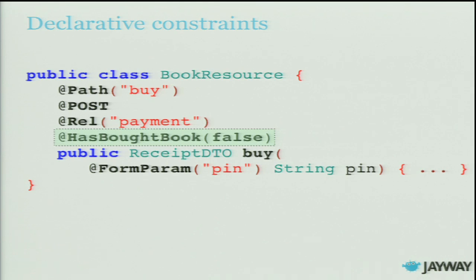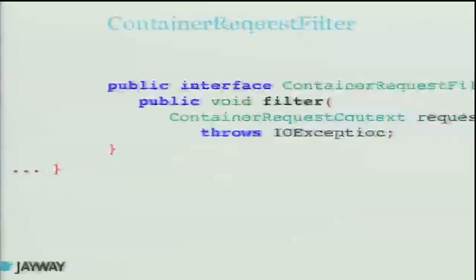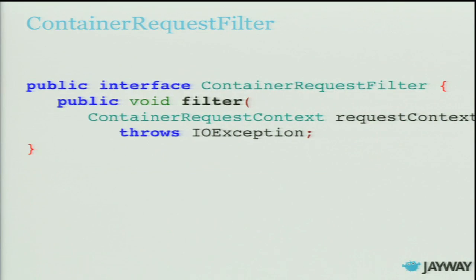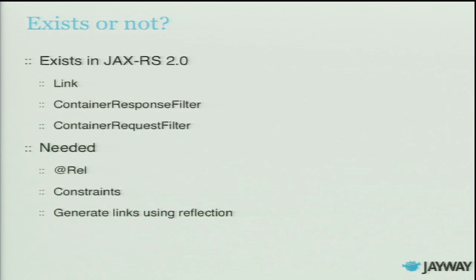And in 2.0, we get this container request filter that is called before the request is made. So we can filter things before they're actually called. So okay, the things that exist in JAX-RS 2.0 are the link class, the container response filter, and the request filter.